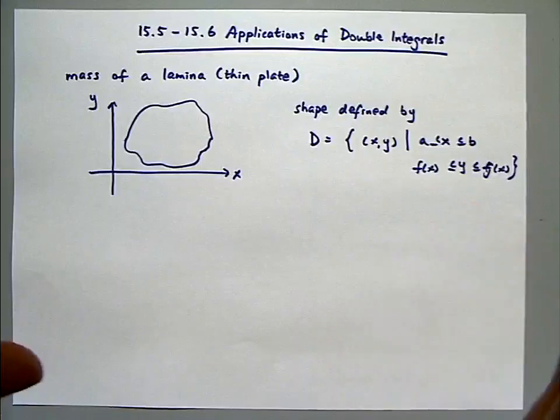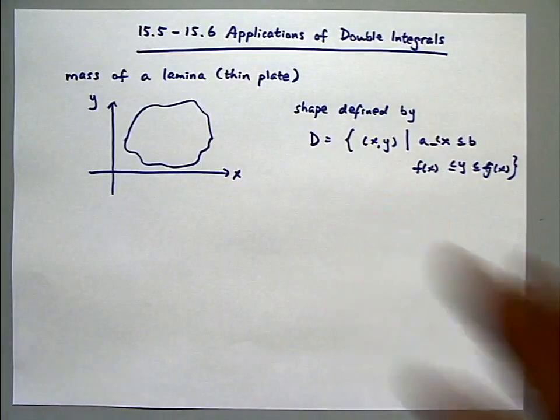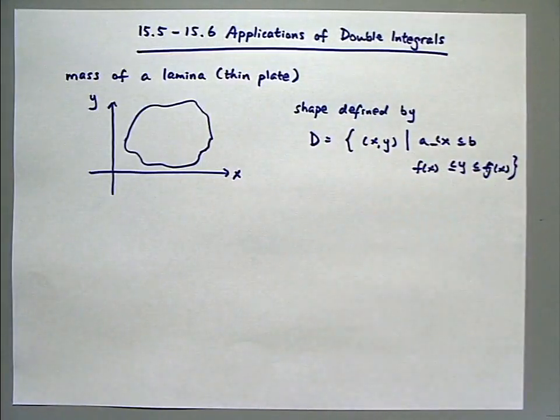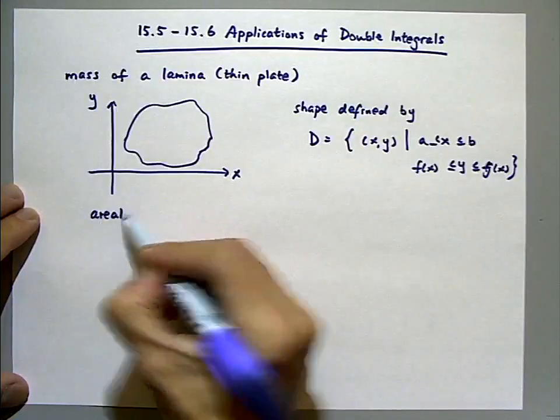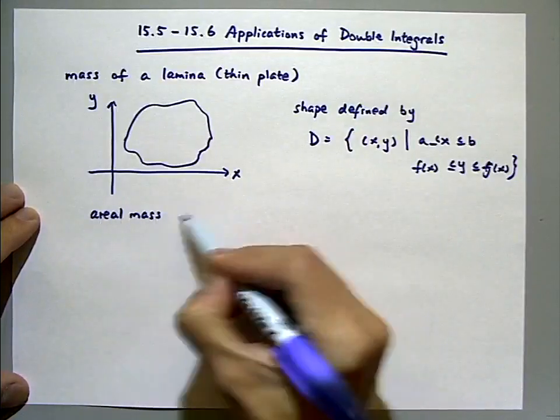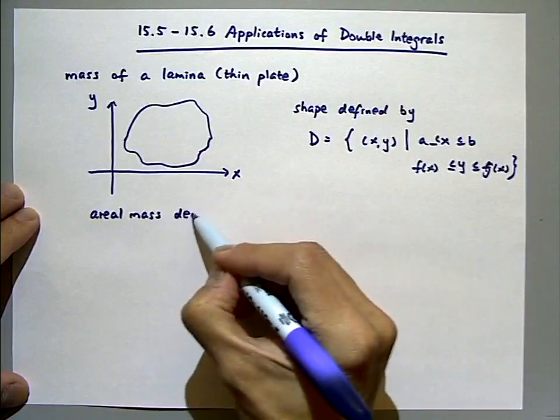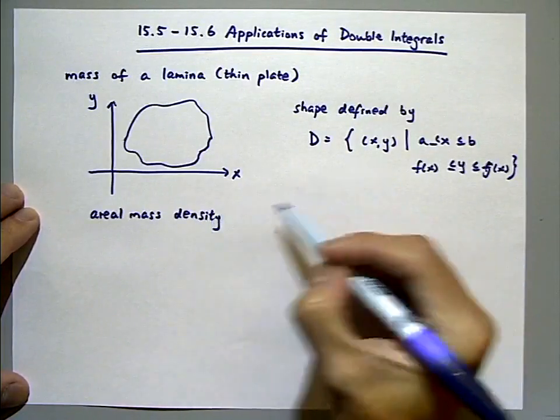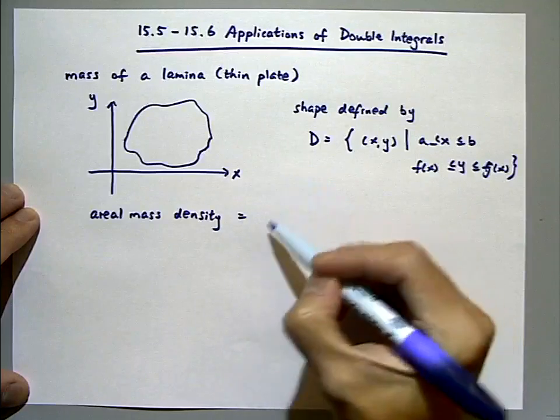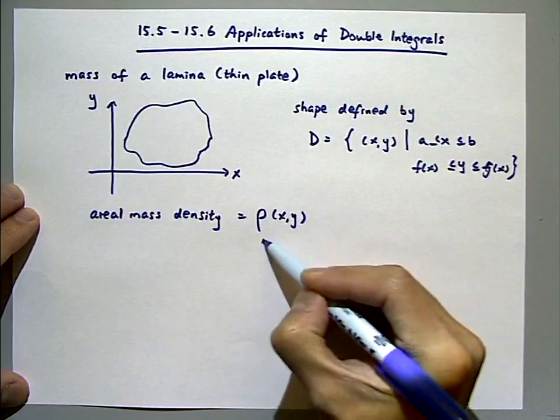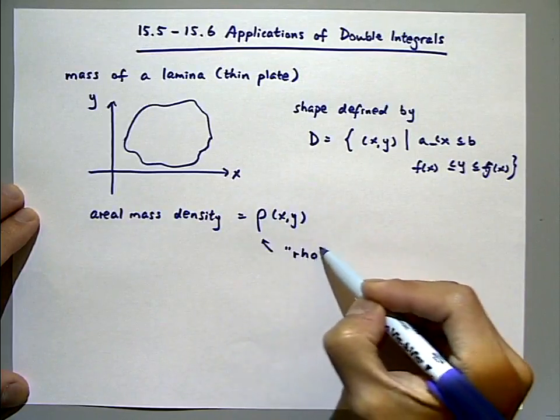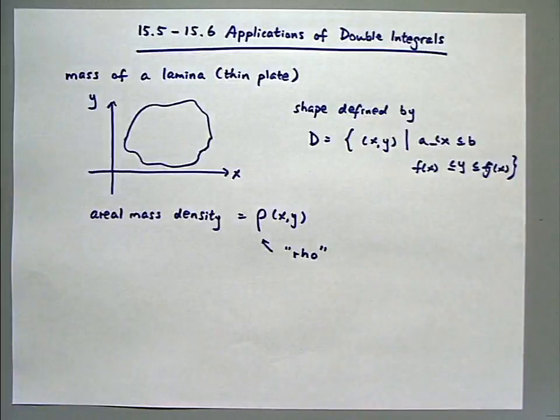If this is an elementary shape like a triangle or something, that's not hard to do. But any kind of arbitrary shape, that's going to be a little bit more difficult. And further, let's assume that we have an areal mass density, and that some function rho, this is the Greek letter rho, lowercase rho, looks like a p, but it's not a p, and it's a function of x and y.